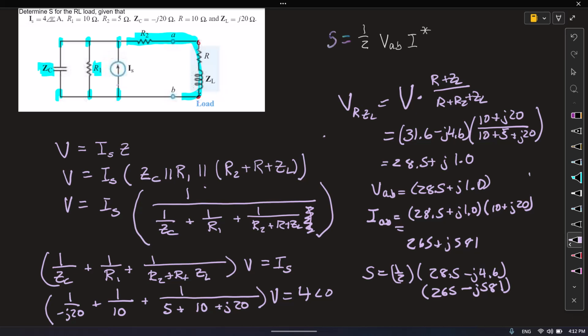Somehow that number seems awfully big. Let's see, so what did I do wrong there? Oh, V equals IR, I should have divided. You'd think by this point in my career, I would know that the current is the voltage over the resistance. Okay, that was silly. So it should be 28.5 plus J1.0 divided by 10 plus J20.